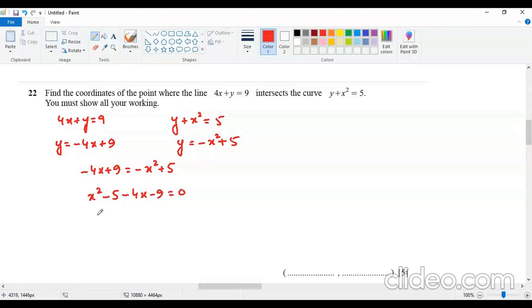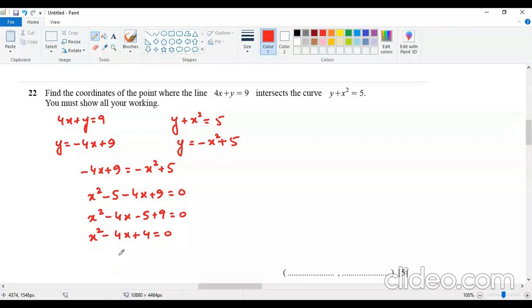Everything is going to be on the left hand side. x square minus 4x, and this is already a plus. So minus 5 plus 9 equals 0, and x square minus 4x plus 4 equals 0.